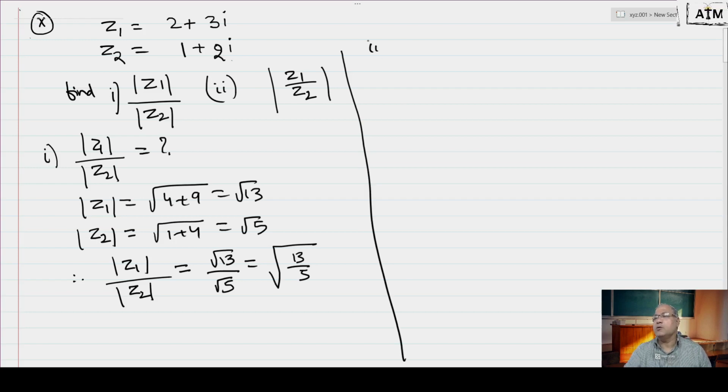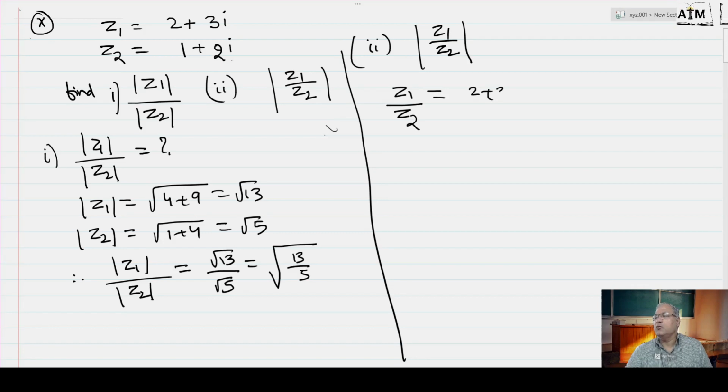Now the second question, we need to find the modulus of z1 upon z2. First of all, we find z1 upon z2, that is 2 plus 3i upon 1 plus 2i.